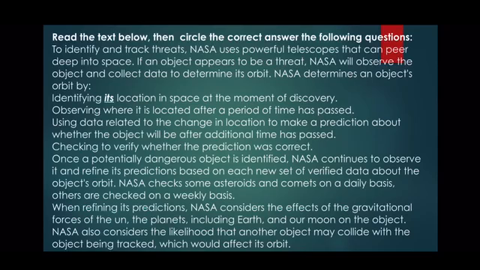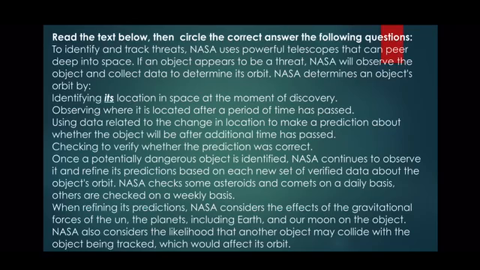So, I'm going to read it. To identify and track threats, NASA uses powerful telescopes that can peer deep into space. If an object appears to be a threat, NASA will observe the object and collect data to determine its orbit.